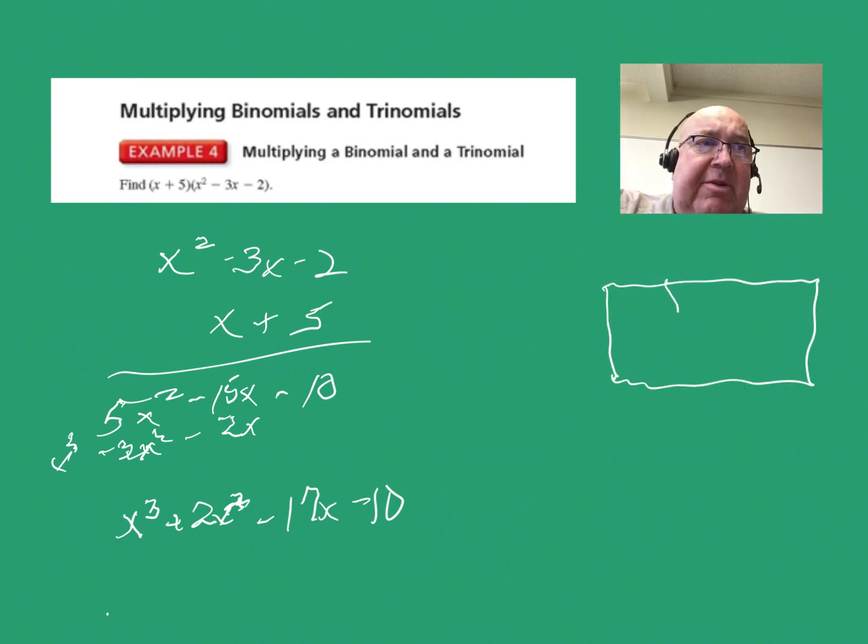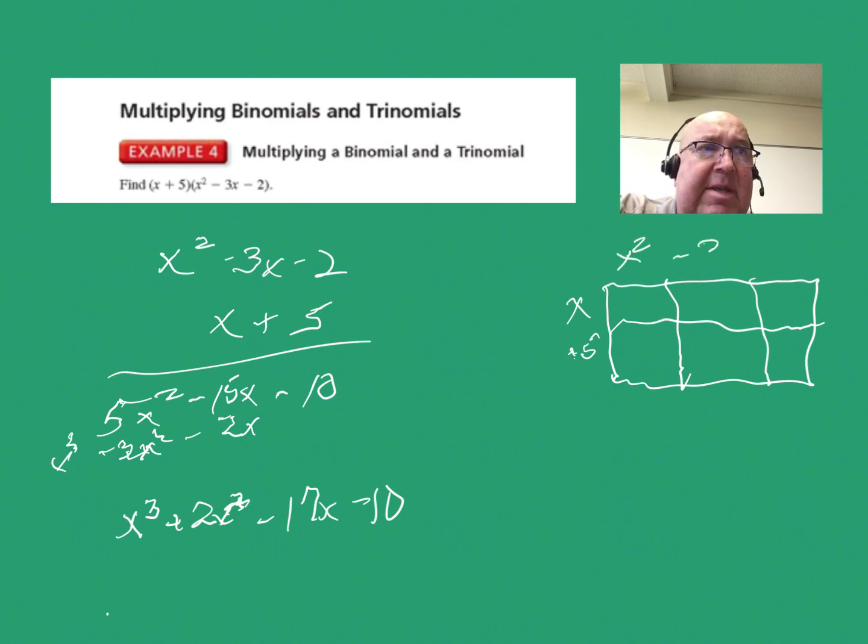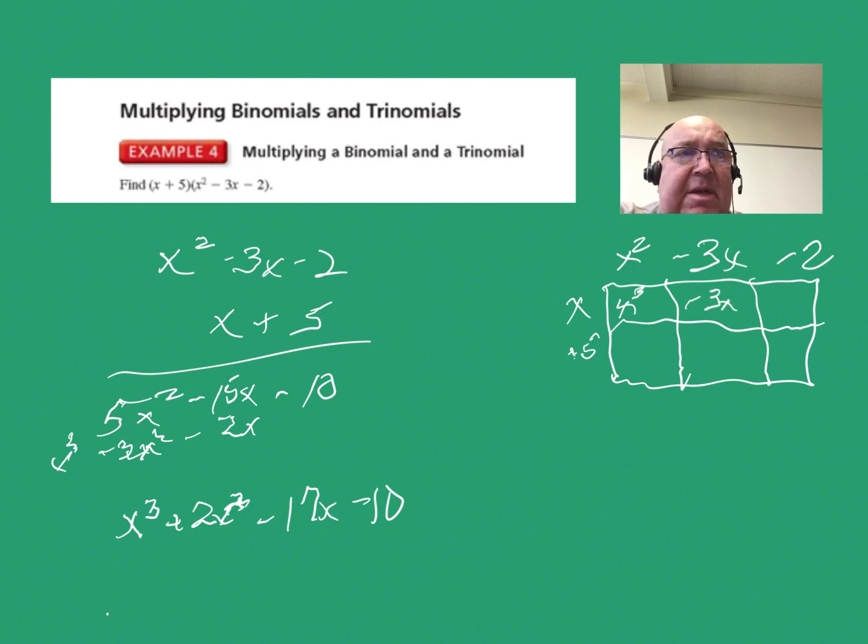We just have to throw in one more row or one more column. X plus 5, x squared minus 3x minus 2. X times x squared is x cubed. X times negative 3x is negative 3x squared.